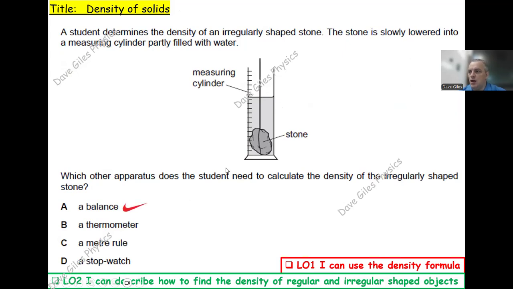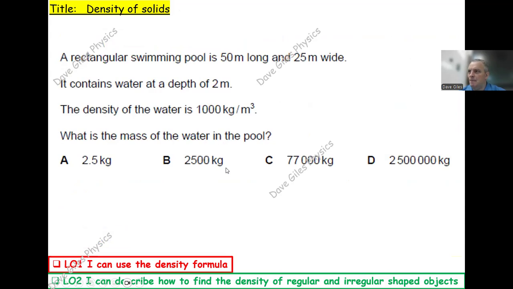So, a balance. A regular swimming pool is 50 meters long and 25 meters wide. It contains water at a depth of 2 meters. The density of water is 1,000 kilograms per meter cubed. What is the mass of the water in the pool? So for this one, you've got 50 meters by 25 times 2 for the depth.